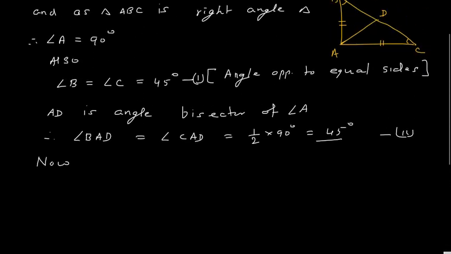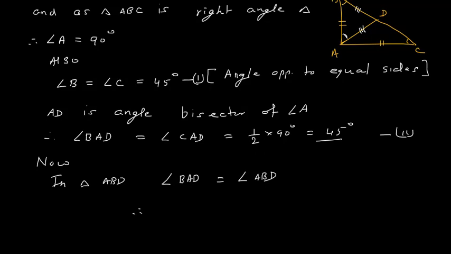Now in triangle ABD, angle BAD is equals to angle ABD. Therefore, side opposite to these angles, that is AD opposite to this angle B, and side opposite to this angle A, that is BD, they are going to be equal.